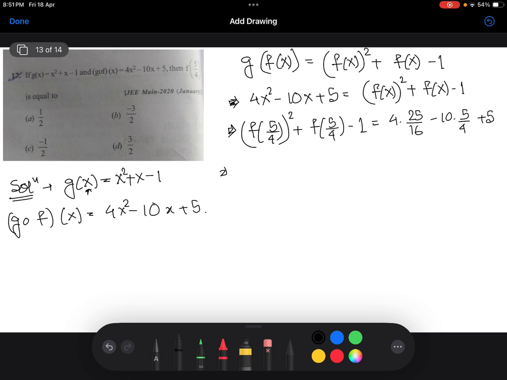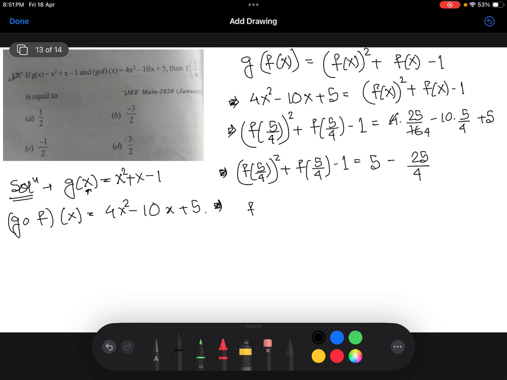Right? So f of 5 by 4 whole square plus f of 5 by 4 is equal to, we can eliminate 4 like this. Now simple calculation. So 5 minus 25 by 4, just do the simple calculation.